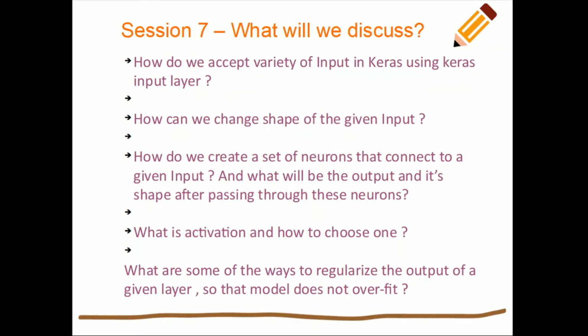What is the concept of an activation and how to choose a specific activation, and what are some of the ways to regularize the output of a given layer so that the model does not overfit?